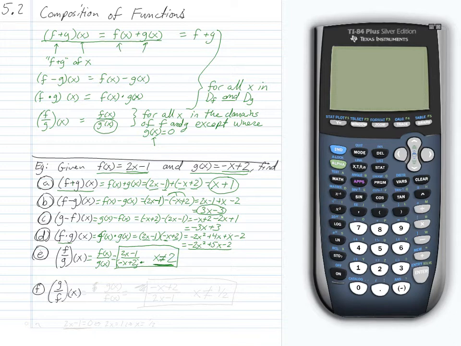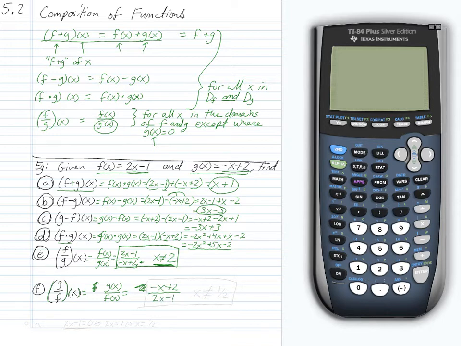Alright, now if we went the other way, if we said g of x over f of x, that's what we're saying when we say g over f of x. We're asking for the function which puts g over f. Now we know g of x is negative x plus 2, and f is 2x minus 1.